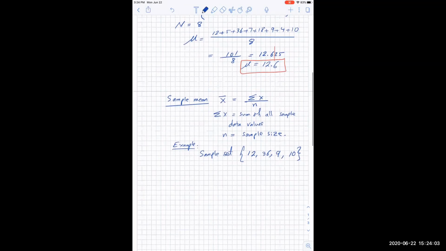Only these 4 numbers. I want to find the sample mean. X bar is the sum of all the X values over n.